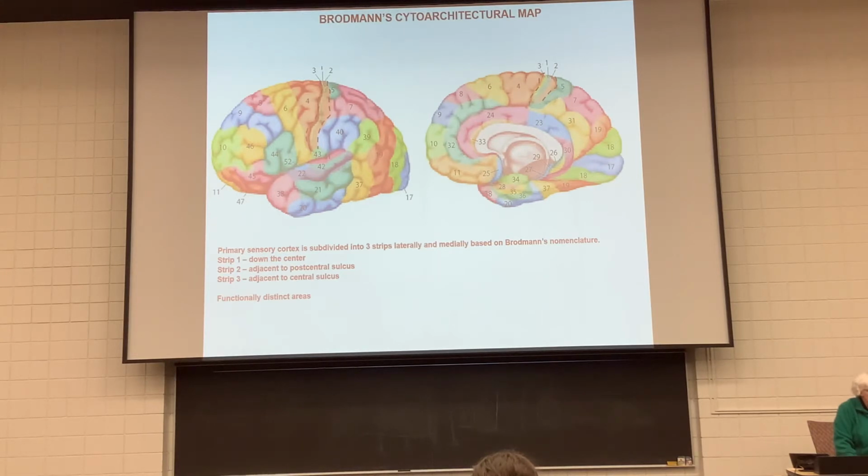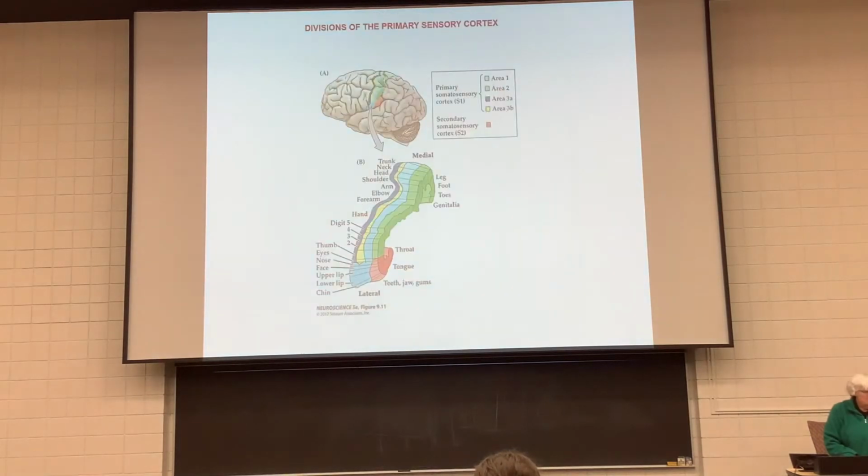You can see these continue around onto the medial side as well. Now we're going to see why it's significant that we have this division. That was an anatomical division, but now we know that there's functional significance to those 3 strips as well. So those are three of Brodmann's areas that you do have to know for now.